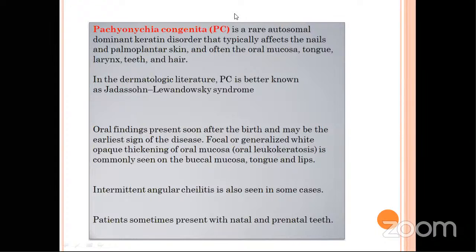And one important thing in pachyonychia congenita is that it's a combination of disorders which affects the skin and the oral mucosa. Sometimes these patients will have natal and prenatal teeth. This is a dermal condition where the patients are born with natal and prenatal teeth.